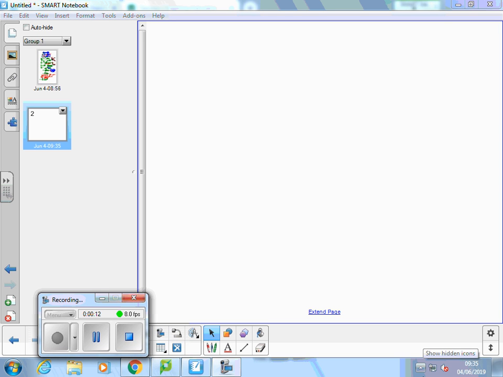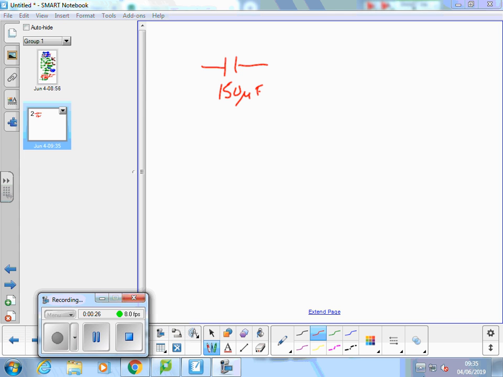A capacitor of 150 microfarads in series with 6 ohms is connected to a step input of 50 volts.